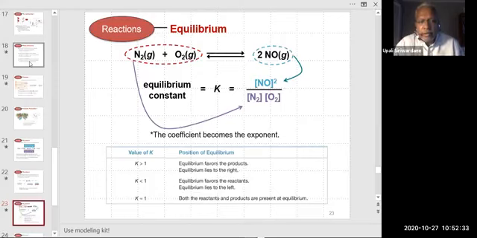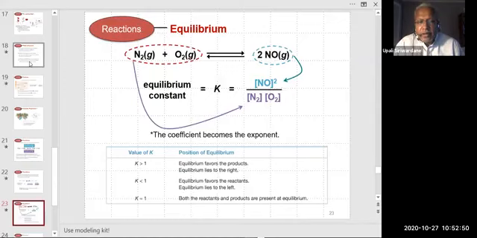To explain more about the equilibrium constant, consider the reaction of nitrogen plus oxygen going to nitrogen monoxide.